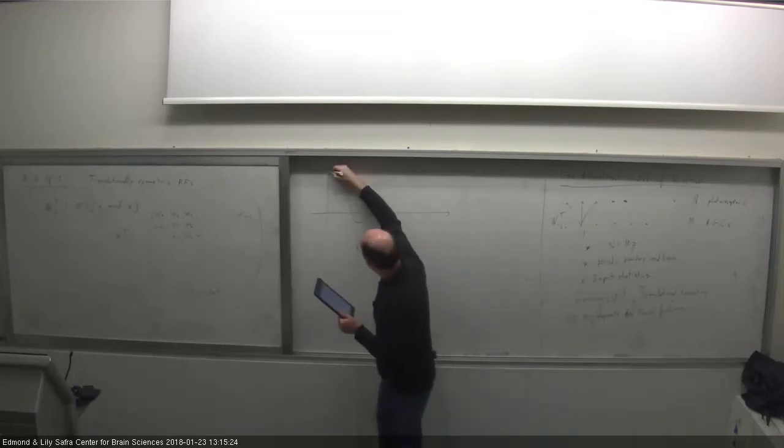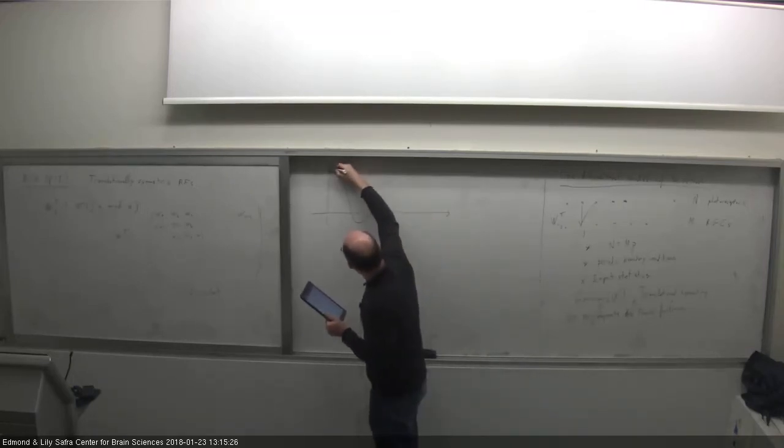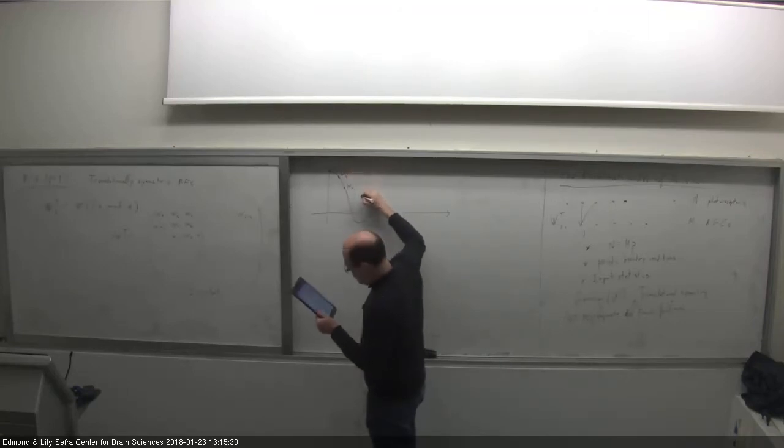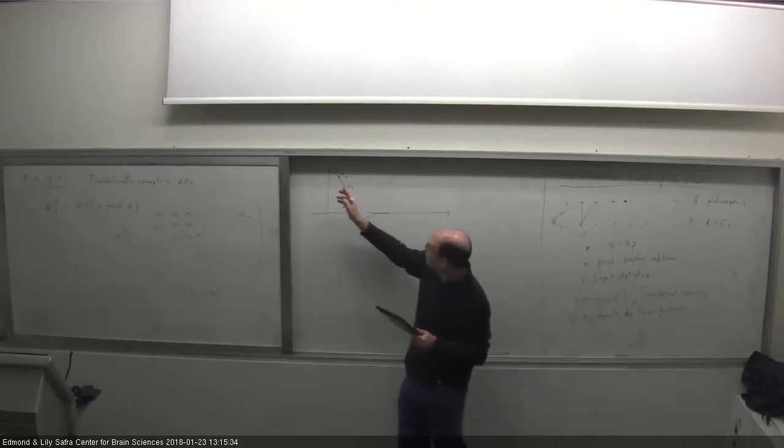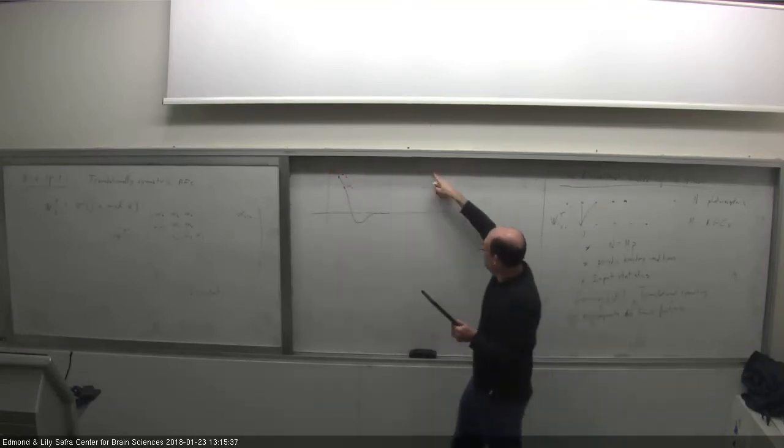And in fact, it's all discrete. So this would be W0, this would be W1, this would be W2, etc. And remember that W minus 1 is like W_{n-1}.